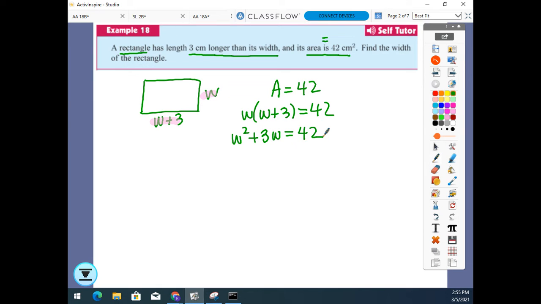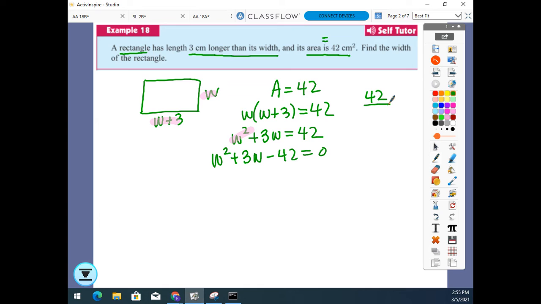Now we are left with a quadratic, degree 2, which means I want to get the equation equal to 0. So I'm going to subtract 42 from both sides to get the right side equal to 0. I will always start by checking, can you factor it?